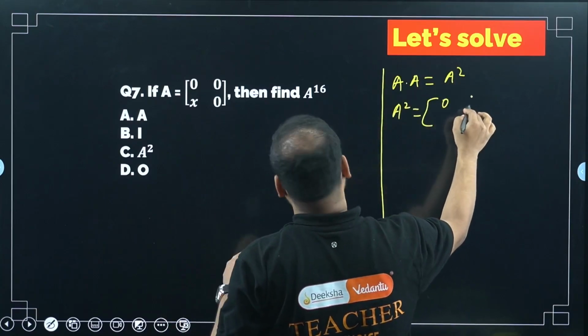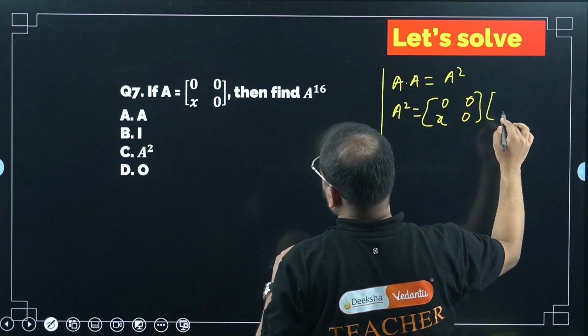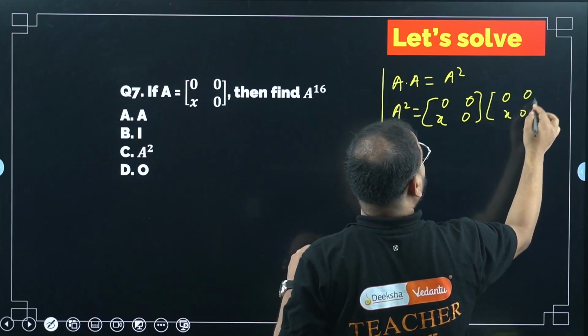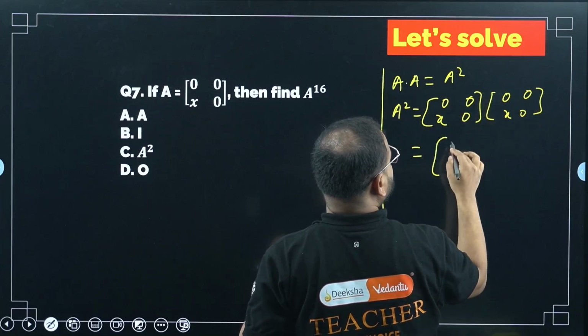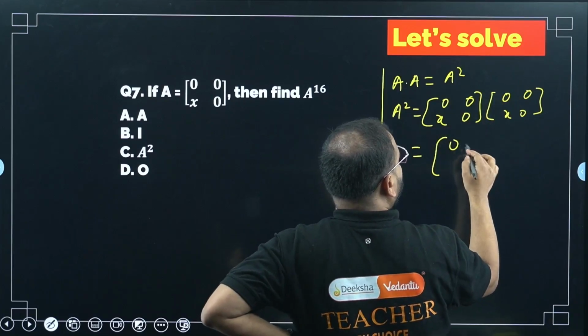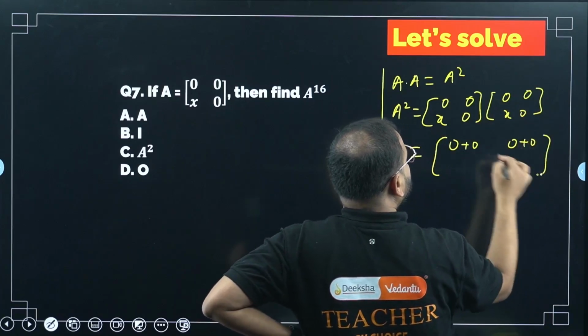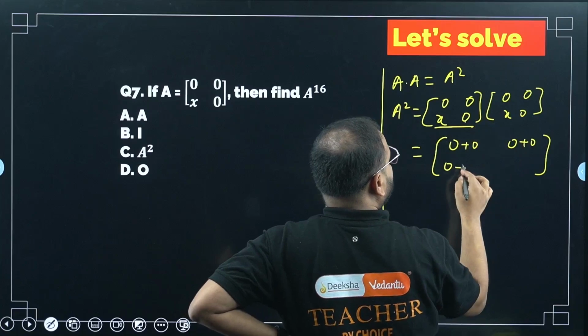So A into A: 0 0 x 0 multiplied with 0 0 x 0. Please do the multiplication here. First row, first column: first row is 0 0, so I'll get 0 plus 0. First row, second column, again 0 plus 0. Now x times 0 will be 0 and 0 times x will be again 0.